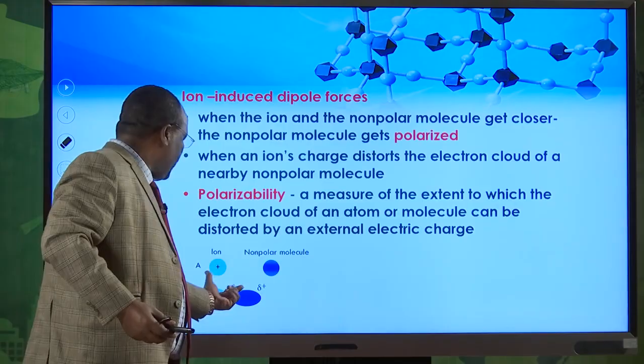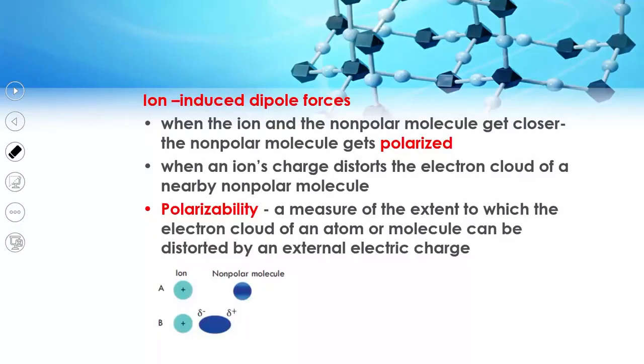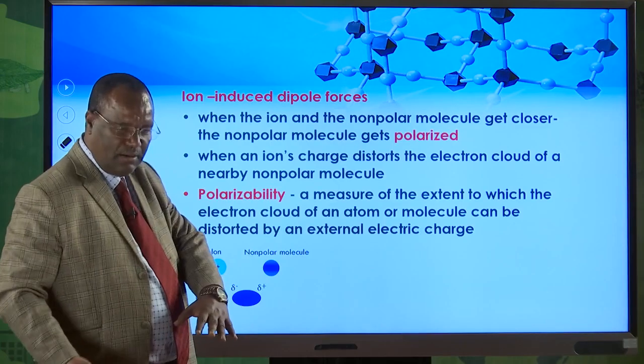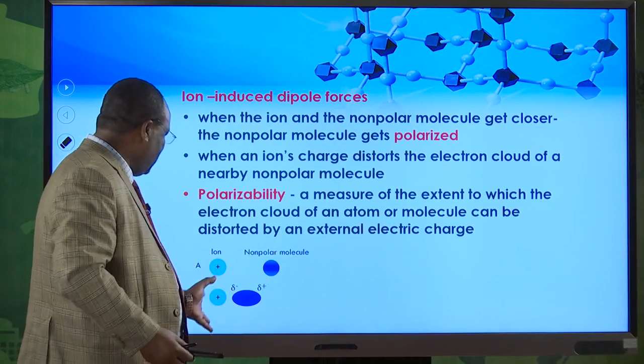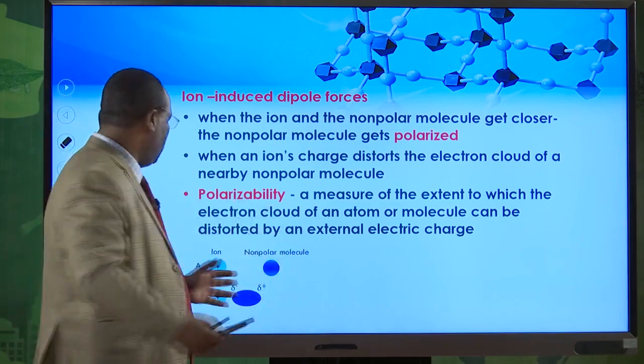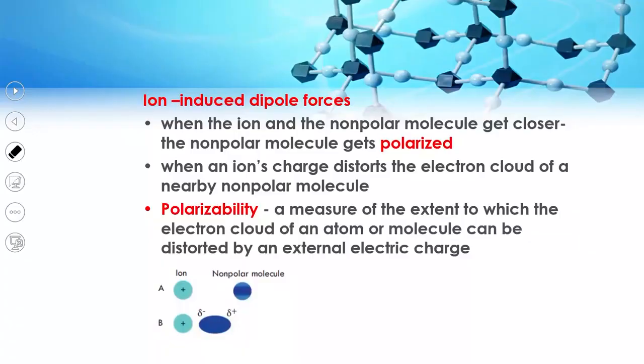When these come closer to each other, the electron cloud of the nonpolar molecule is distorted, or polarization takes place. Then it attains a temporary charge. The electron shifts to one side, attaining a negative charge, and the other side will attain a positive charge. An intermolecular force of interaction takes place.